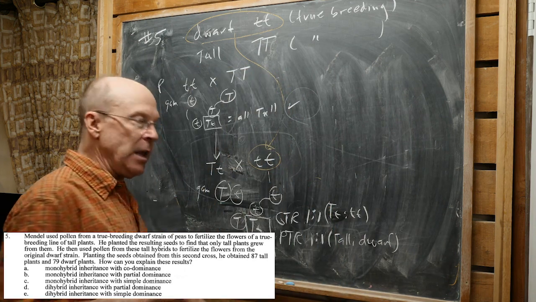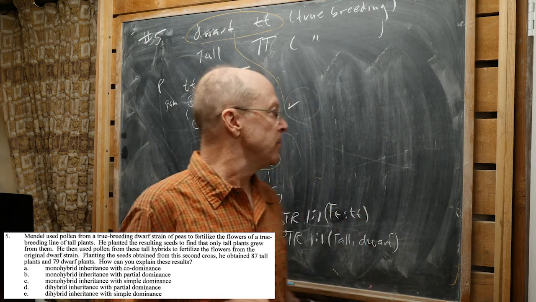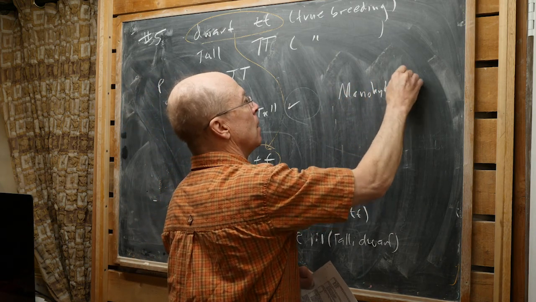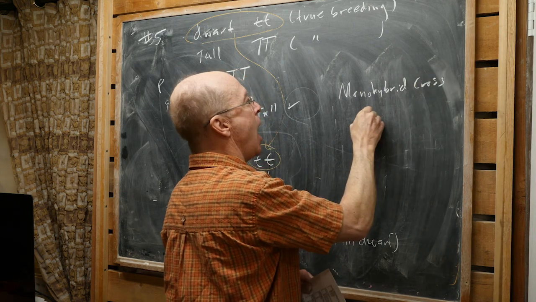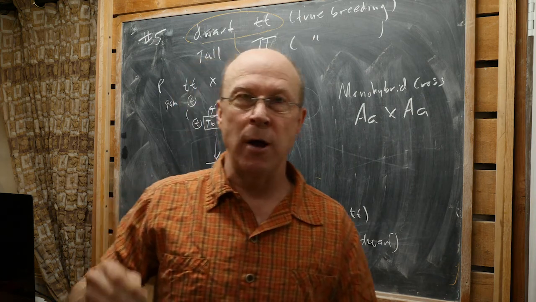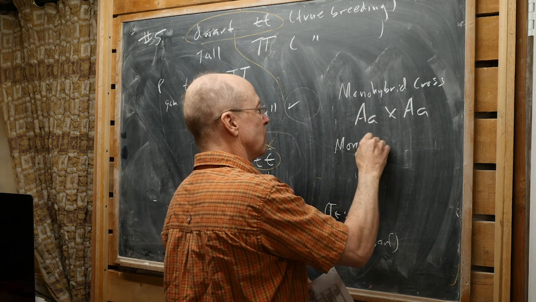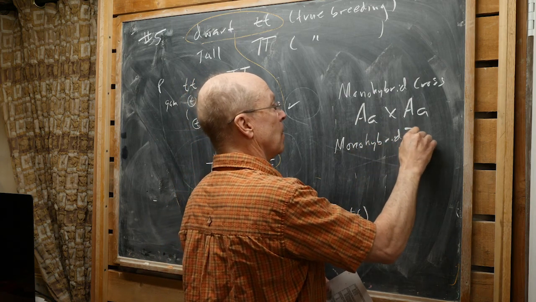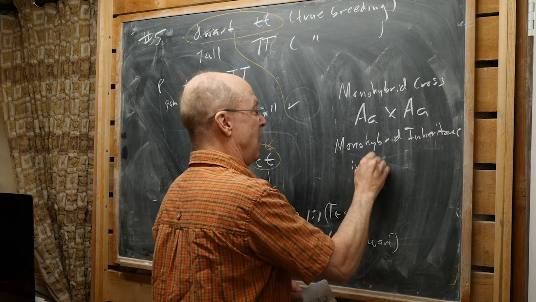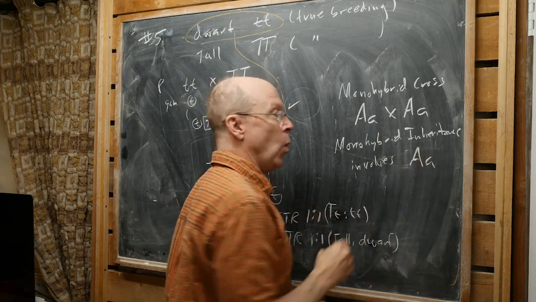So here's a curveball for you. When I say monohybrid cross, I mean crossing two monohybrids. Monohybrid inheritance, as used in these Mendelian questions, involves at least one monohybrid.